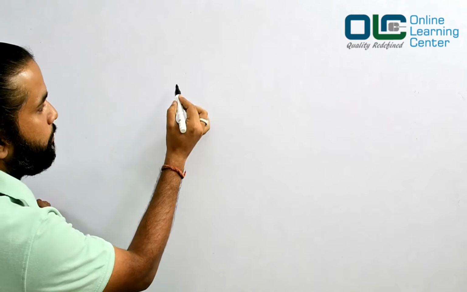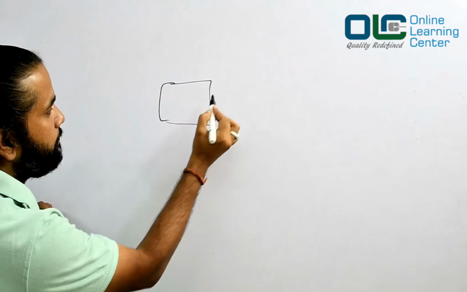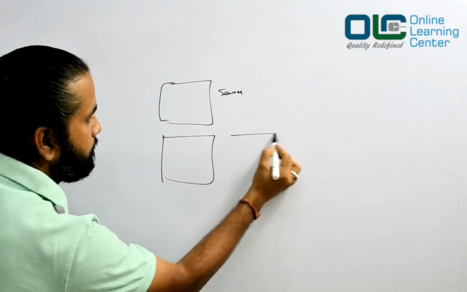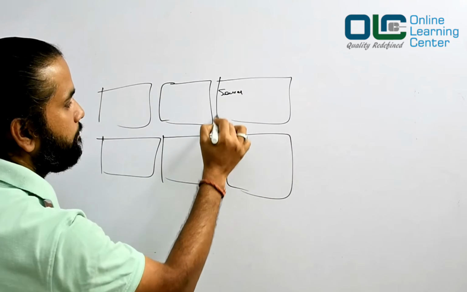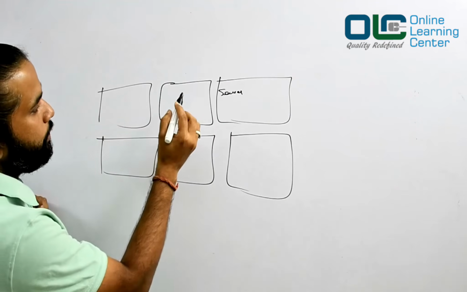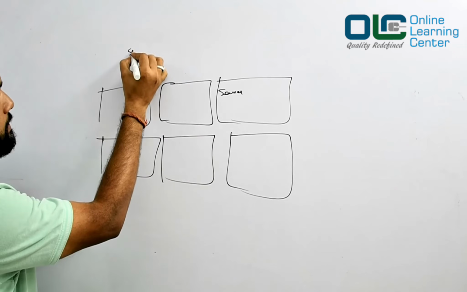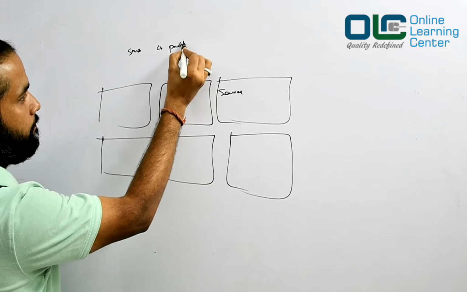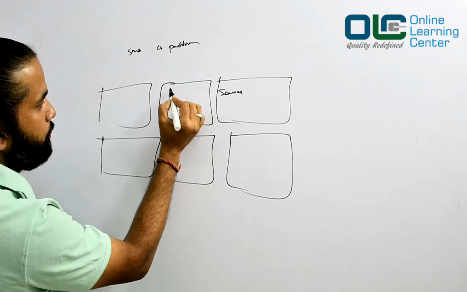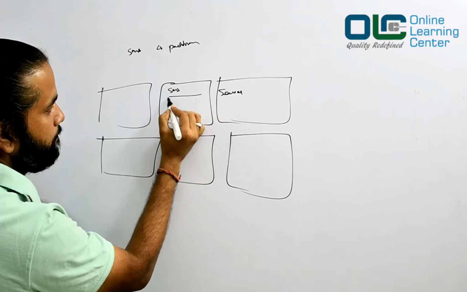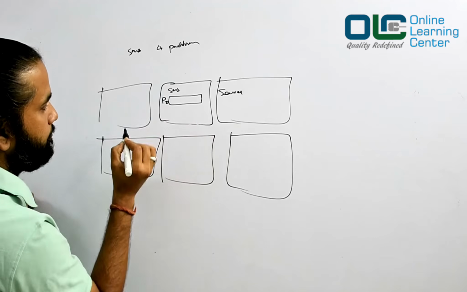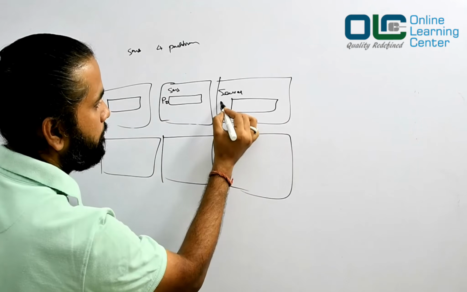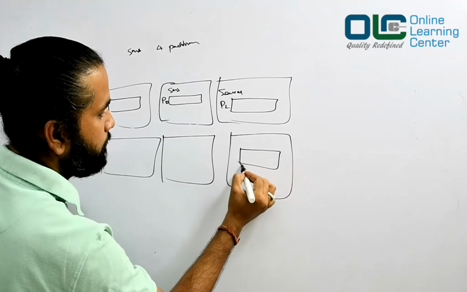So what we were talking about was, if you have servers, and say you have a topic called SMS with 4 partitions, P0, P1, P2, P3.